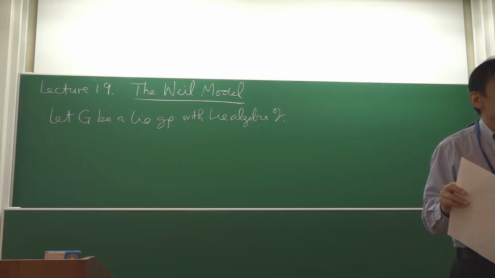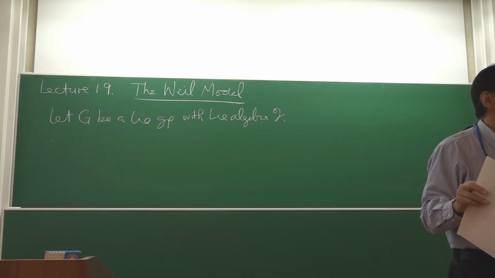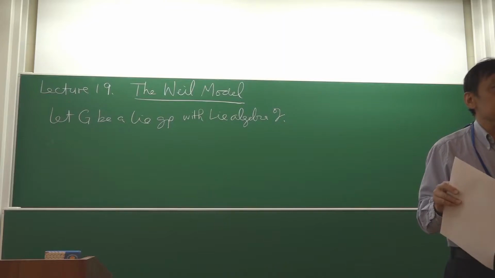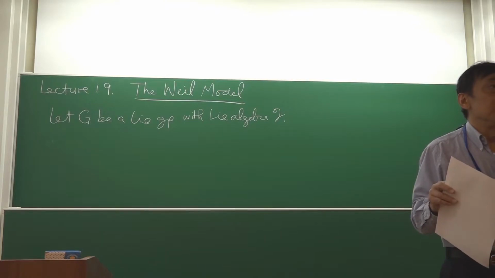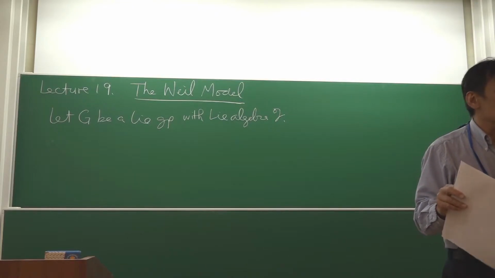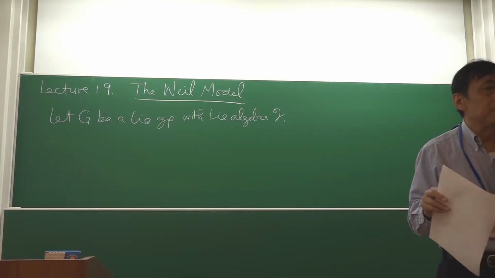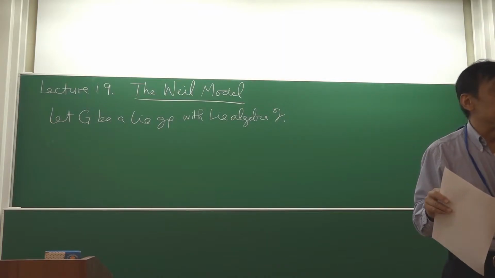And then in addition, I said there were three operations: interior multiplication, the Lie derivative, and then right translation. Now, if you assume that G is connected, then you don't really need that right translation, because the right translation you need in order to define an invariant element.